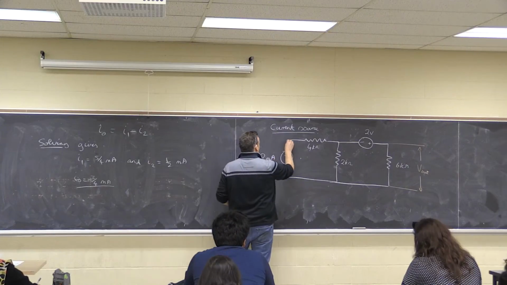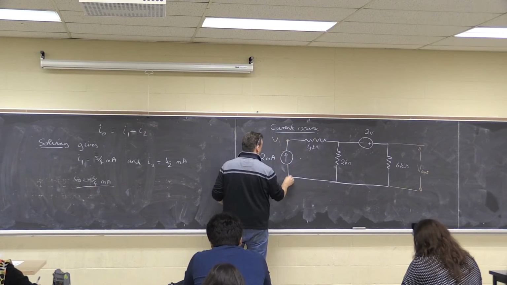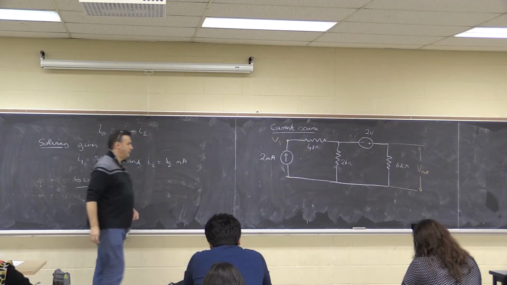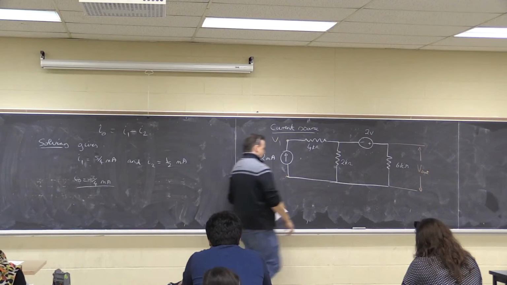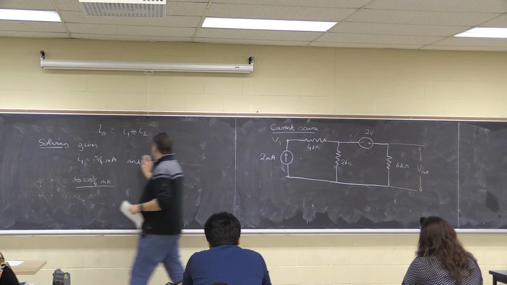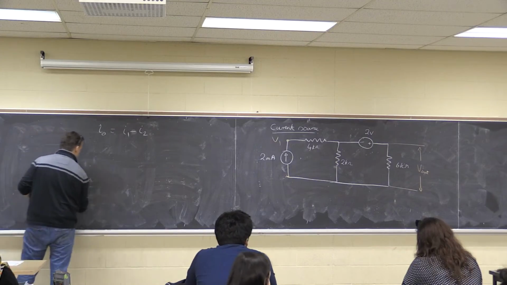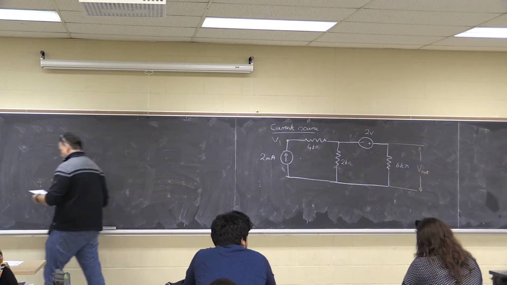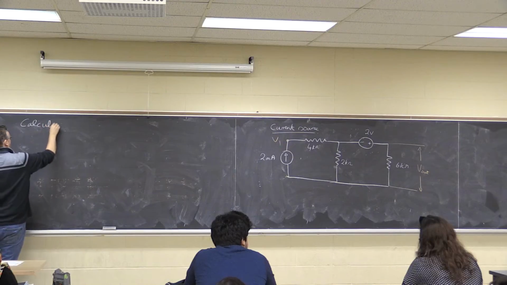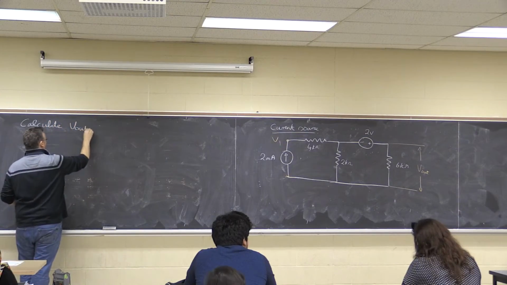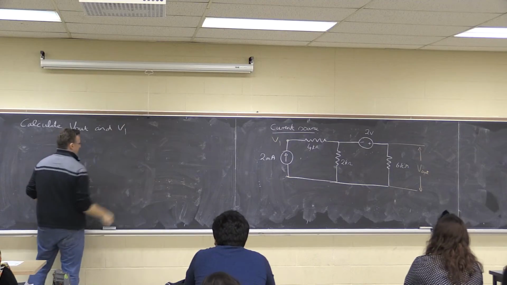And what is the voltage V1 at this point relative to the same bottom line? Or what is the voltage across the 2 milliamp source? So calculate V naught or V out and V1.